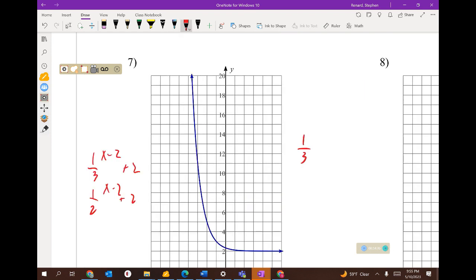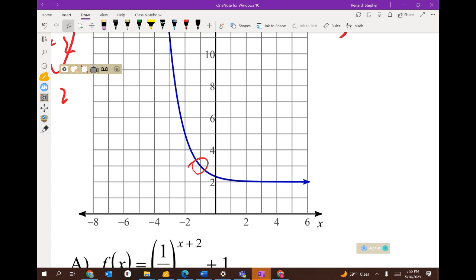On the CFA or anything, you're not going to get like 1/3 to the x minus 2 plus 2, and then 1/2 to the x minus 2 plus 2. That's not going to happen. They're going to give you a fraction here. You're going to need to understand it's a fraction. And then you're going to need to understand what the shift is.